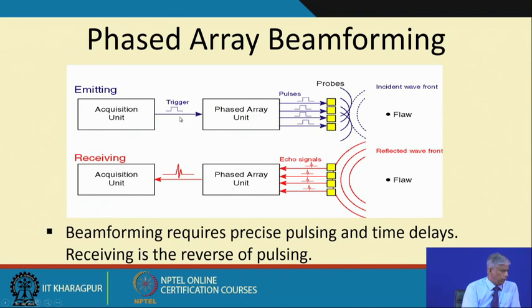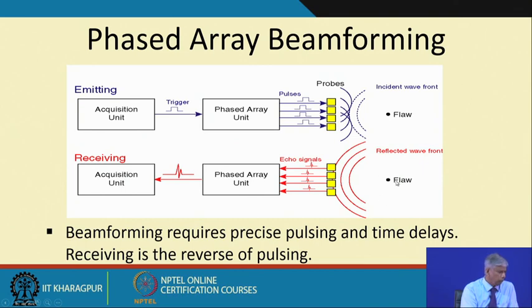So, if I give a pulse into this unit, and if I delay and play around with the pulse durations, I can get a circular wavefront, I can get a planar wavefront, I can get a pointed wavefront.